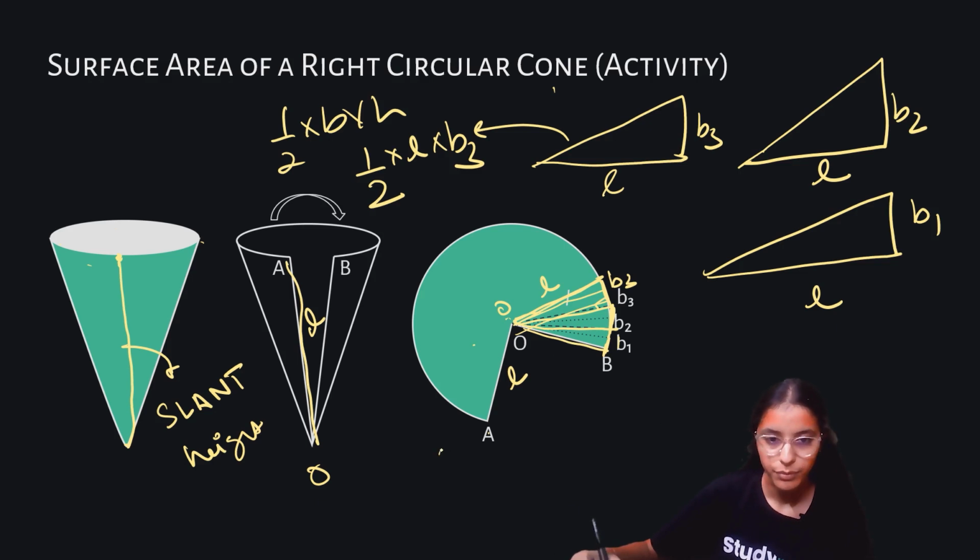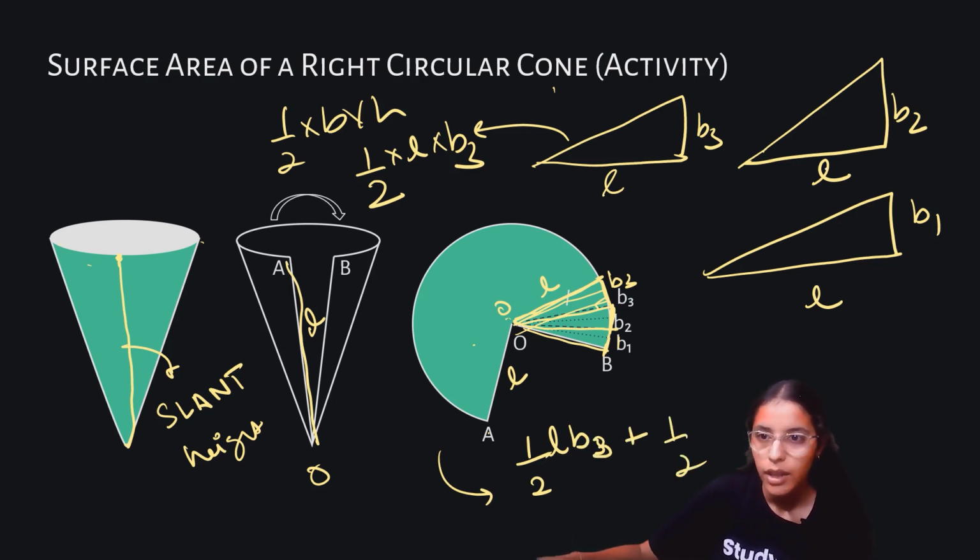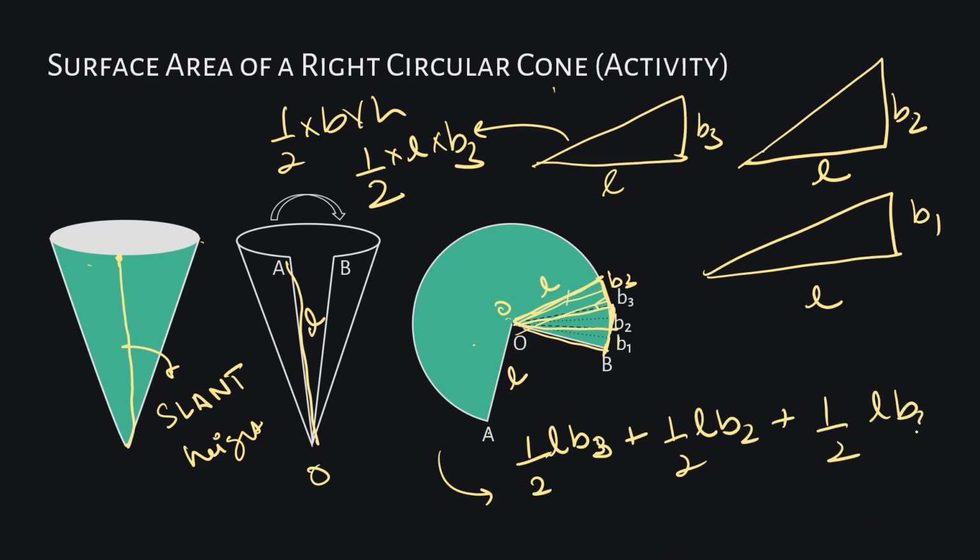Now let me sum over these. We have half L B3 plus half L B2, plus half L B1, and so on. We'll keep on adding. When we add, let me take half into L as common.